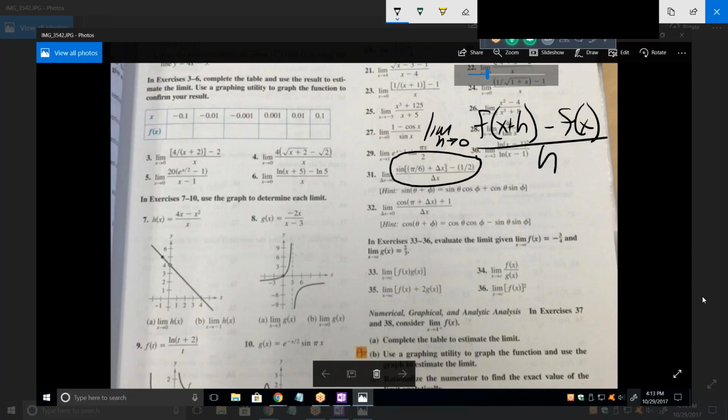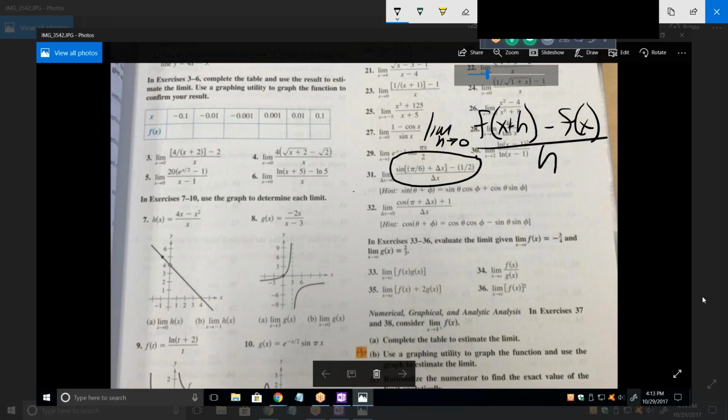So the function is sine x. In other words, well, they give you a slightly different way to do it here. Let's do it the way they hint at doing it. Yeah, this is probably a better way.